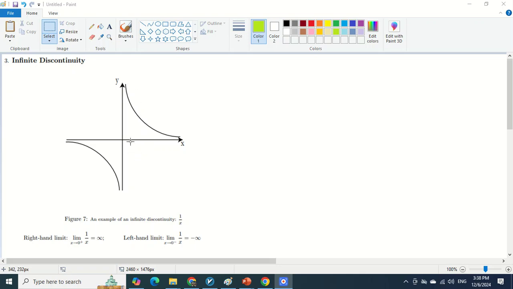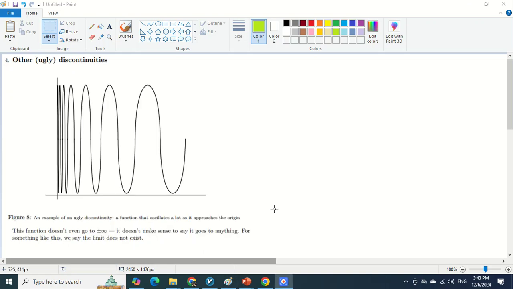At the right side it's going to be plus infinity because 1 is divided by 0 plus, and at the left side it's 1 over 0 minus, which determines minus infinity, and this is another type of discontinuity.